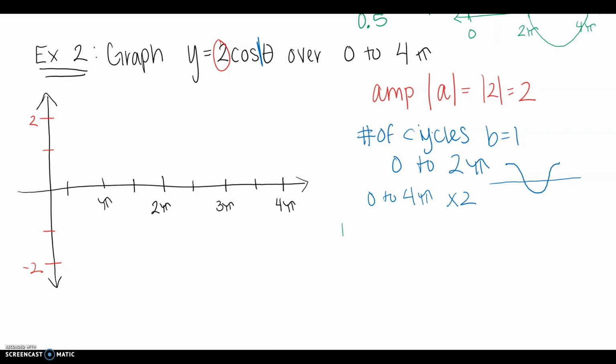Okay, and then our period would be 2 pi divided by b, which is 1. So 2 pi is when it starts repeating. Like I was saying, this cosine starts at 0, 1 normally, but since our amplitude is 2, it's going to start at 2. And it starts repeating at 2 pi, which means we're going to be back here. So find the middle point.